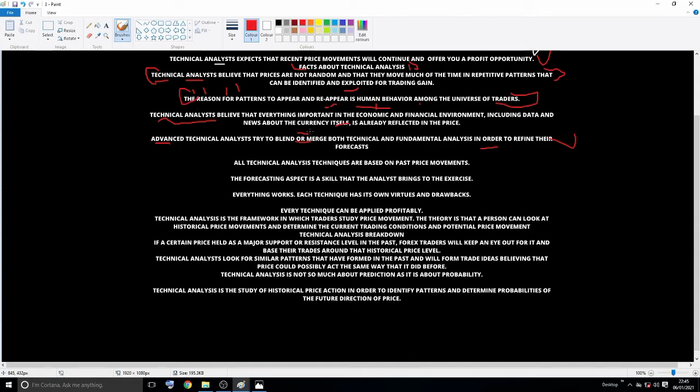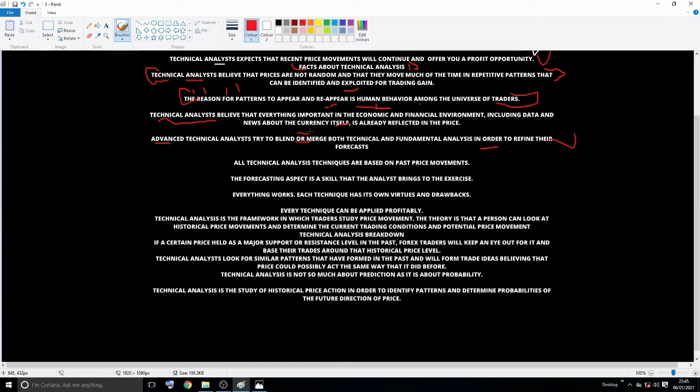They are trying to combine methods. They are increasing their win rate by combining technical analysis, the patterns, the pairs, with fundamental analysis, the data, the news, and the economy and financial environment of that currency pair, to try and see where the market might go.